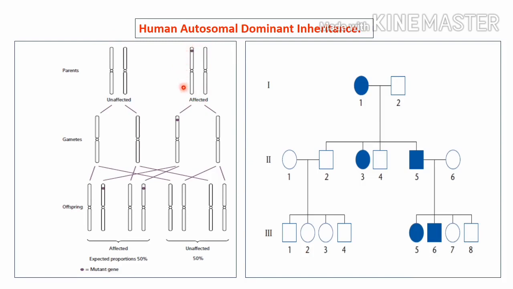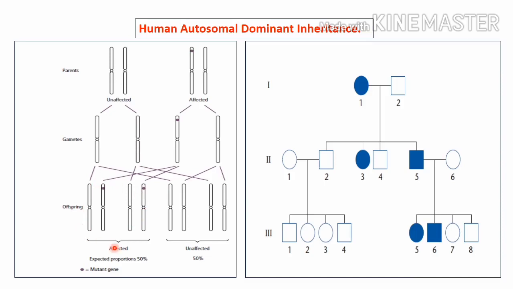It is affected even though only one autosome has a mutated gene and the other autosome is normal. But any individual that receives this mutated chromosome or mutated gene will show the diseased phenotype. Here this genotype may be of a female or male, because this is an autosomal inheritance, so the autosomes are the same in male and female.